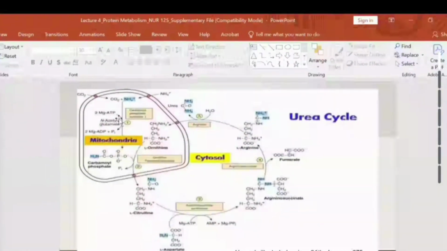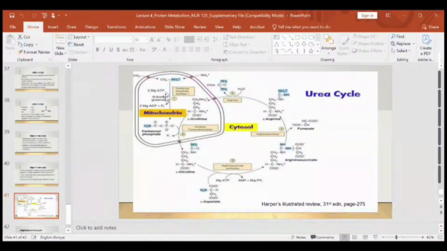We said this process requires about two ATP molecules, with an enzyme called carbamoyl phosphate synthetase 1. It is happening in the mitochondria. It is generating a molecule called carbamoyl phosphate.